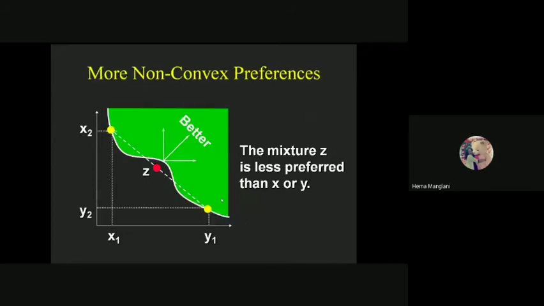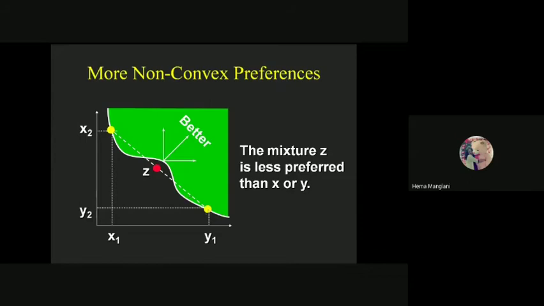The more non-convex preferences you would see like that. Here we have convexity, then we have a concavity, then again we have convexity. Now this convexity shows definitely this extreme is okay for me. But what's happening here? Now this Z is not a preferred point for me. It is just an inferior point. So you do not want to go this side. But similarly, this extreme is okay for me.